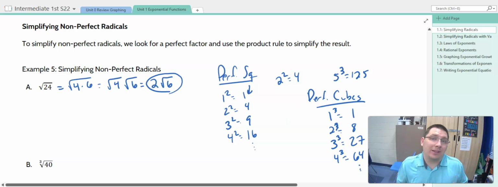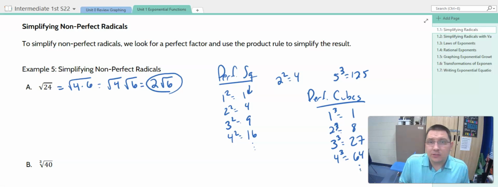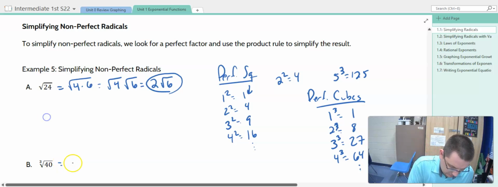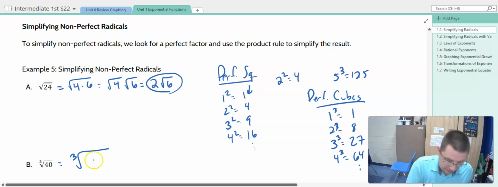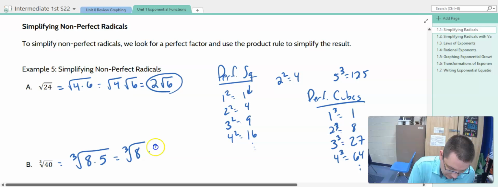And again, we can continue that list as far as we need. So can one of these numbers be a factor of 40? Well, we're going to take the cube root of, well, 8, right? Because 8 times 5 is 40. So 8 times 5.